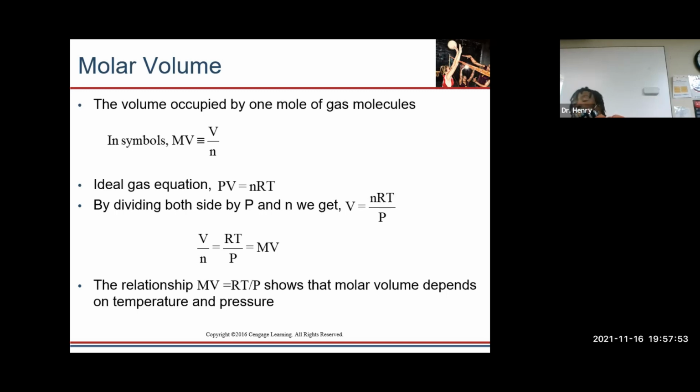It's grams per mole, right? Mass is grams. So if molar mass is grams per mole, what will be molar volume? Well, can you say it again?